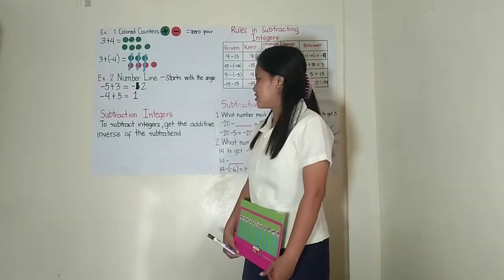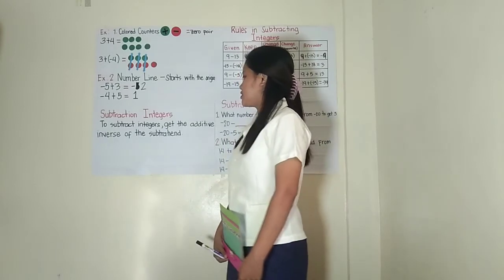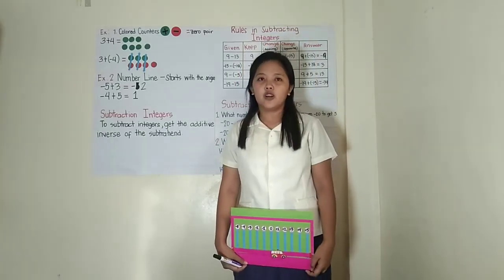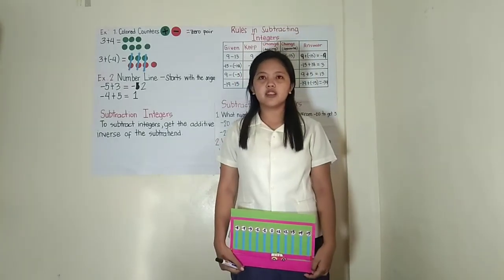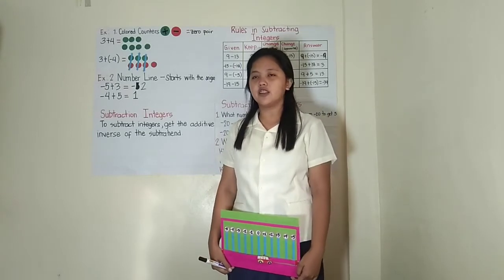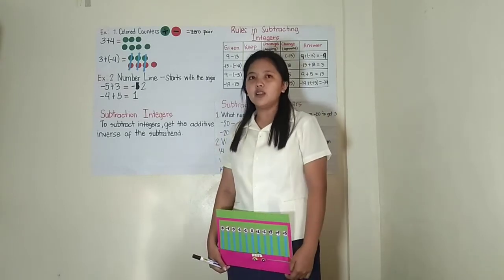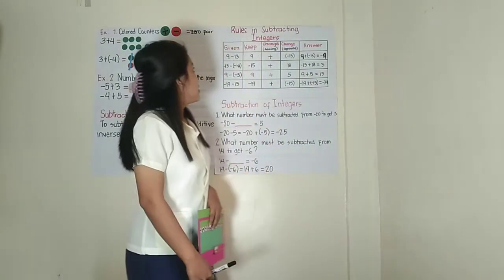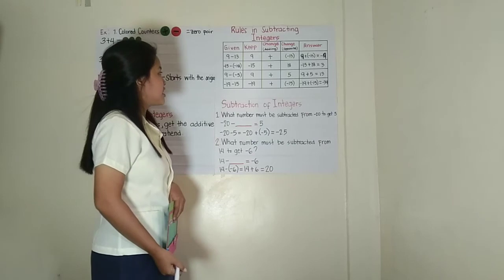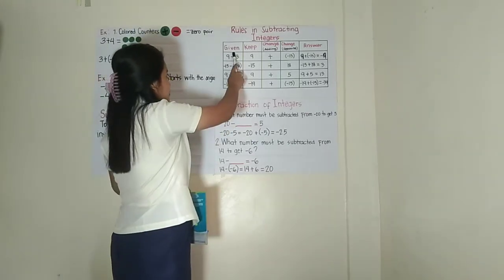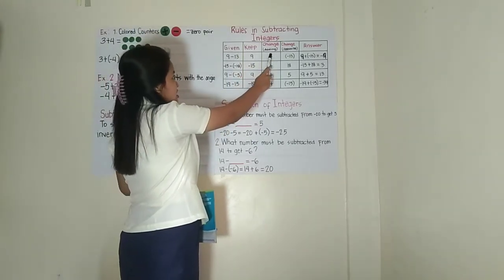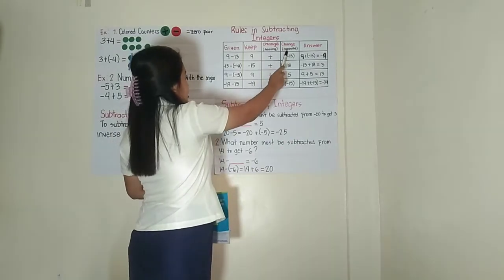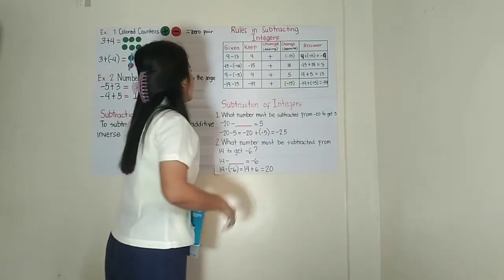To subtract integers, get the additive inverse of the subtrahend, or change the sign of subtraction into addition, and then follow the rules in adding integers. We have our rules in subtracting integers. We have given, keep, change into adding, change into opposite, and then answer.